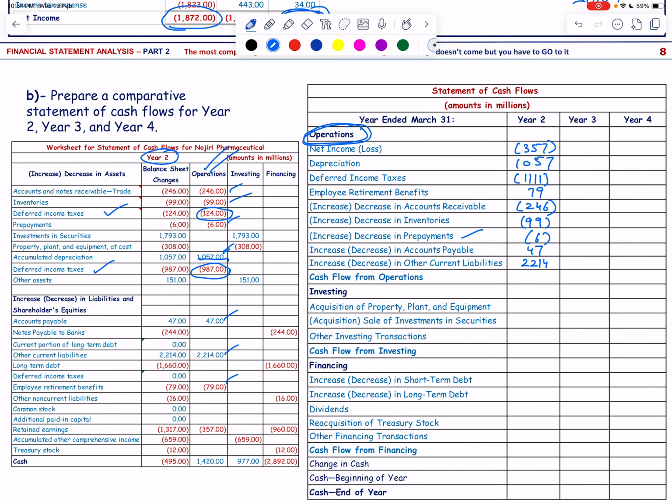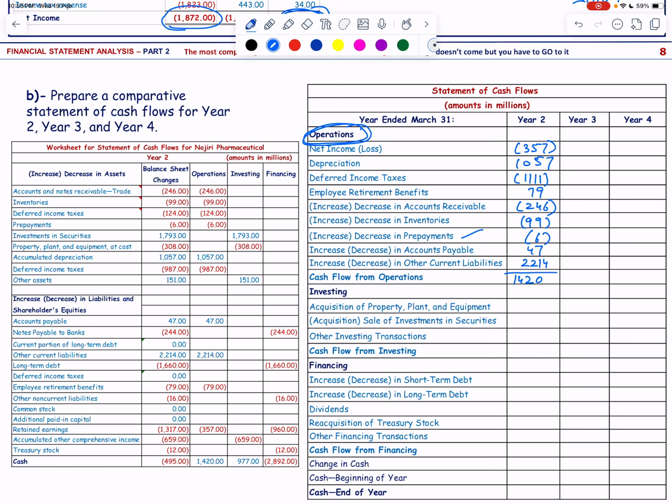Okay. So if we make the total now, the total will be 1420. Okay. Next we go for the investing activities. And when we look into the investing activities, we have how much for the investing activities?